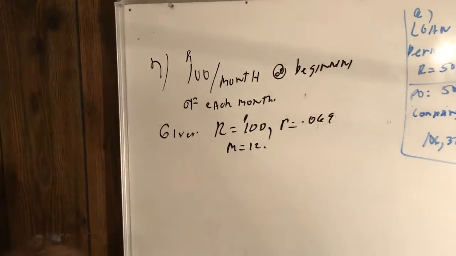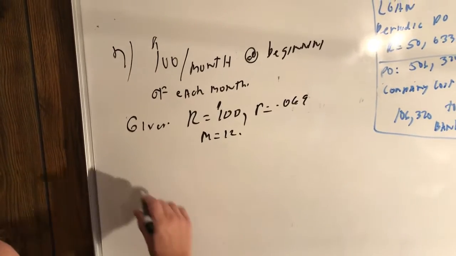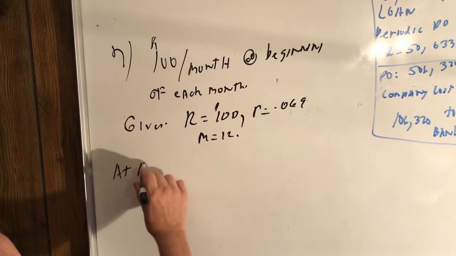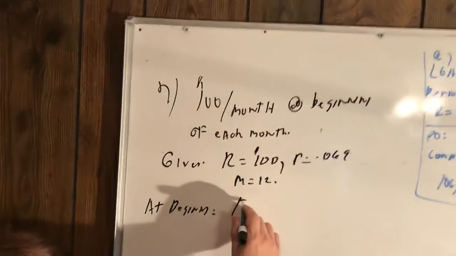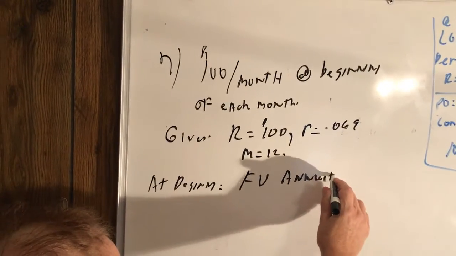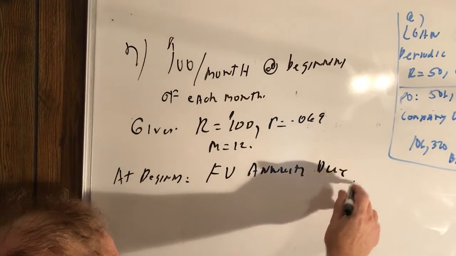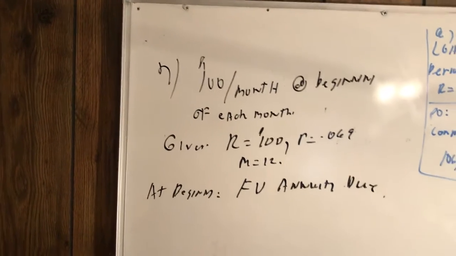But now look, it says at the beginning. When you pay at the beginning, and it's in capital letters, you have a future value annuity due. So let's look at the future value annuity due problem.